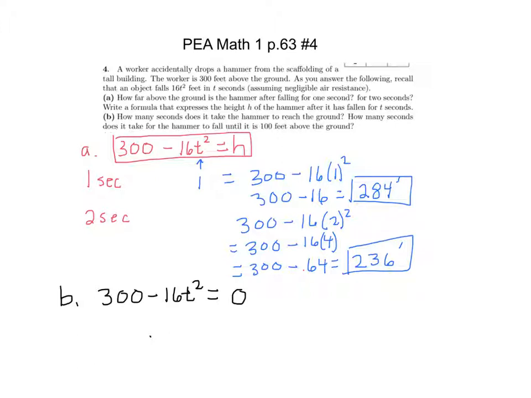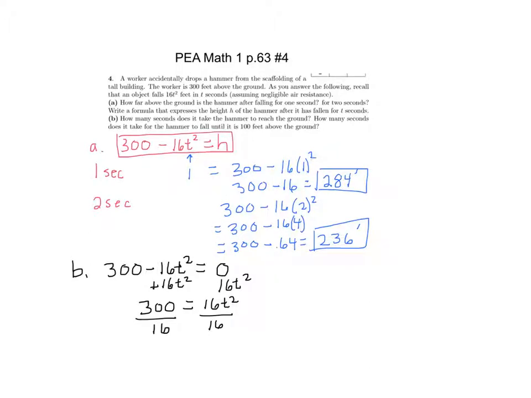So let's go ahead and let's add the 16 t squared to both sides. So we get 300 equals 16 t squared. Divide both sides by 16. And we end up with 18.75 equals t squared.